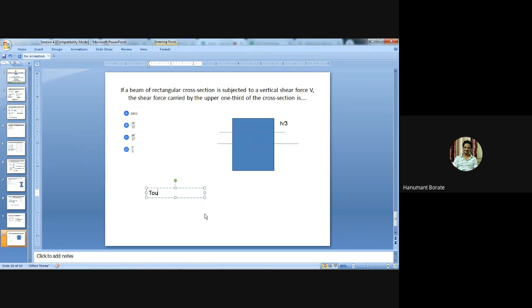So tau equal to, the basic equation will give V by 2I, where I is moment of inertia, into d means depth, d square by 4 minus y square.